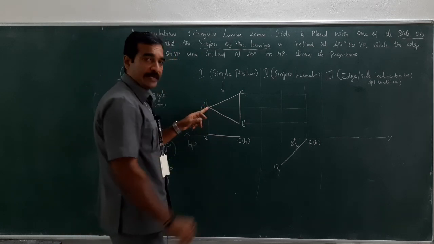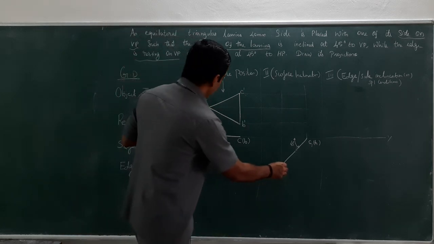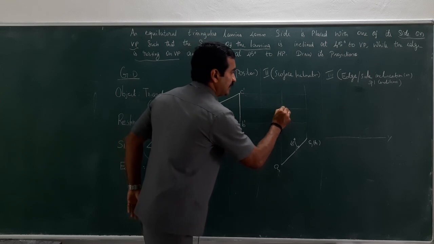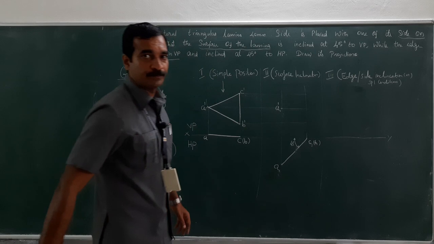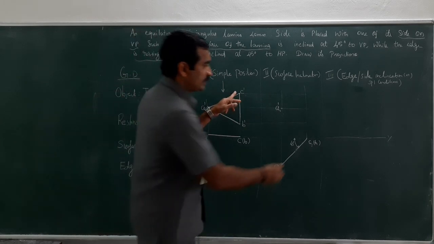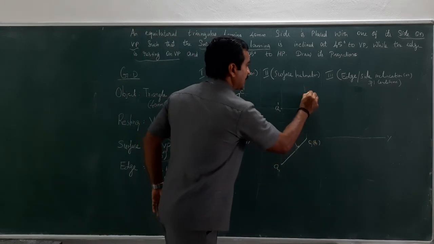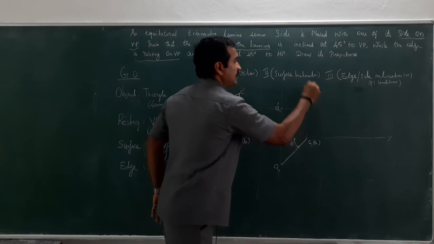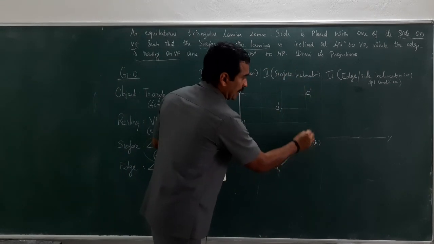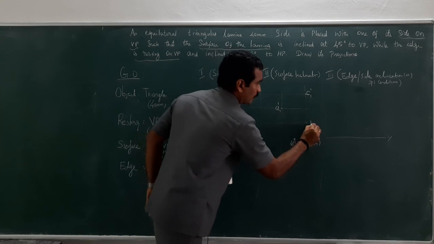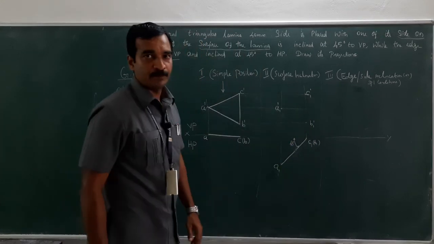Look here. The A point is here. Where is A? A is meeting at this point. Therefore, this can be taken as A1 dash. C is intersecting here. So, this is C1 dash. B and B are intersecting here. Therefore, this is B1 dash.